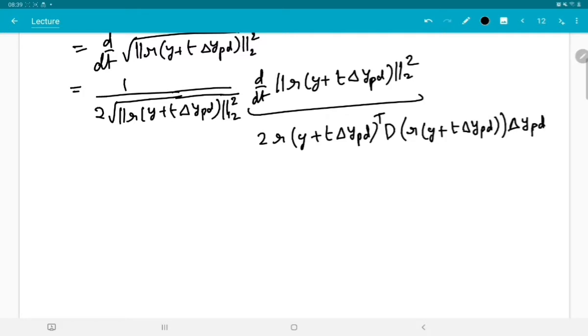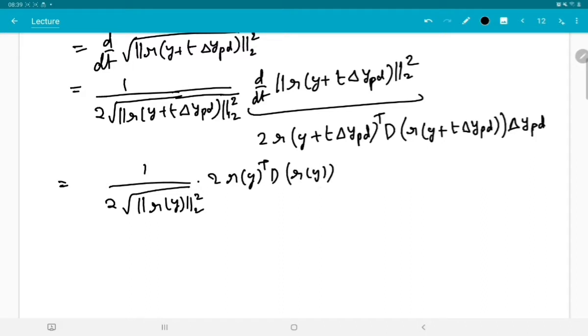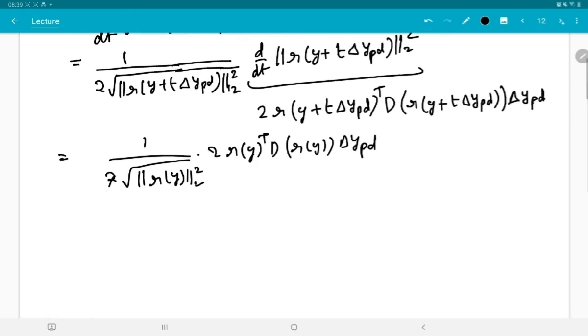And now I put t as 0, so I have 1 over 2 root of the norm squared of r(y), times 2 r(y) transpose Dr(y) delta y_pd, and this term Dr(y) delta y_pd is minus r(y).